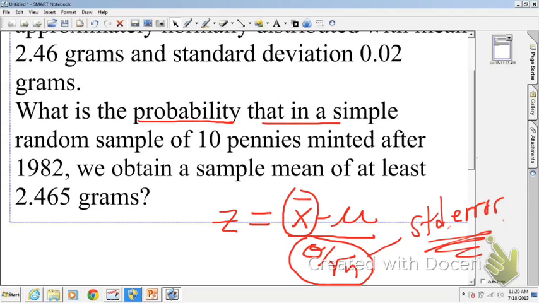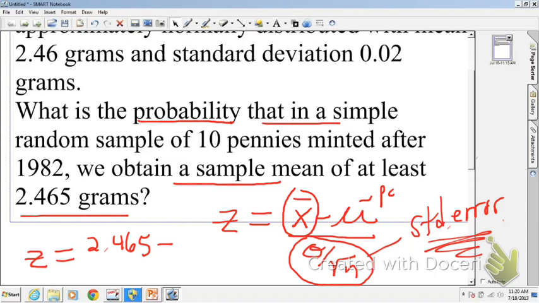We're looking for the probability that we would obtain a sample mean of at least 2.465 grams. So you really just have to be careful what you're plugging where. So 2.465 minus this, if you want a note to self, is the population mean.